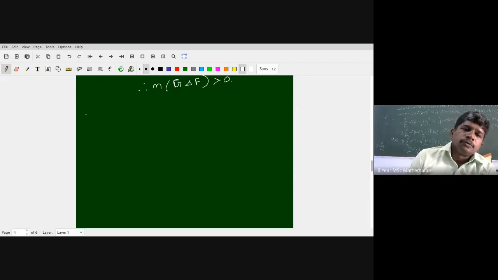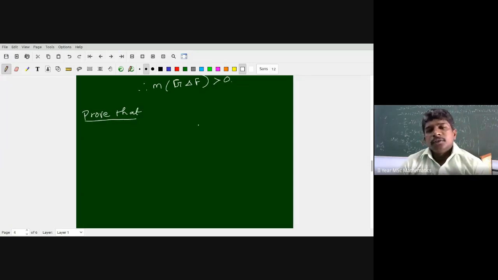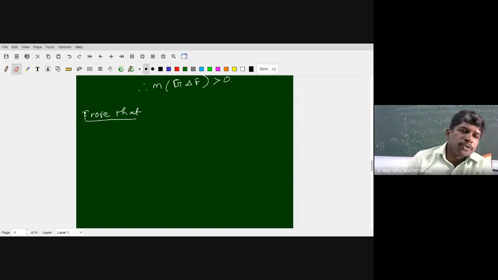Now we prove that already we know every countable set has zero outer measure. A countable set has measure zero, outer measure 0. If a set has outer measure 0, then it is measurable.